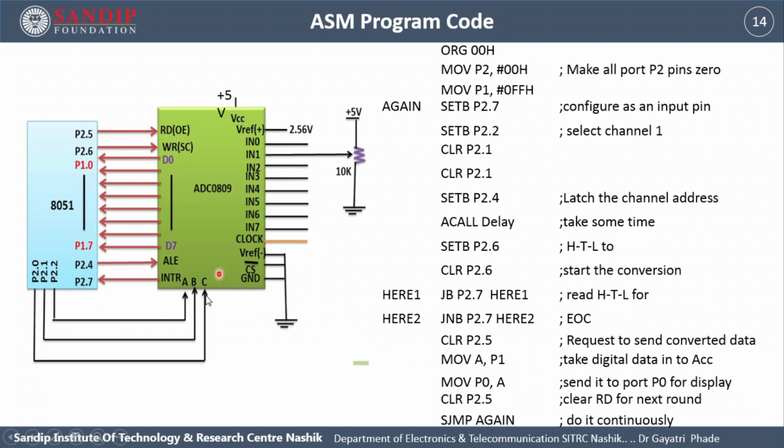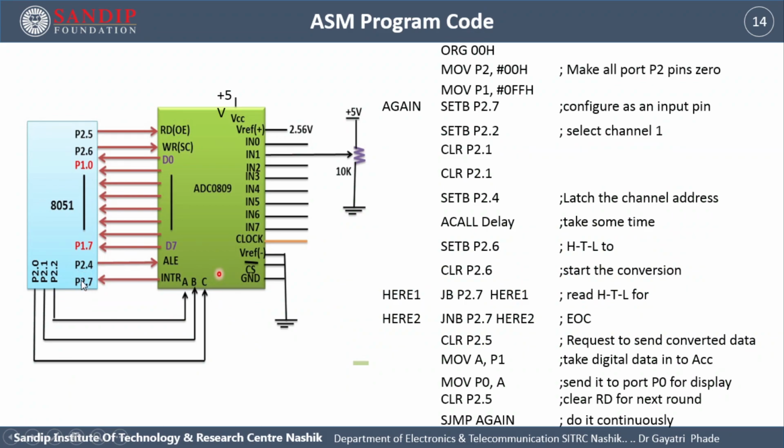Once the channel is selected, this address is latched with the ALE pin. Then, after start of conversion, we wait for the end of conversion with this INTR pin, which gives the end of conversion signal by making the pin high. So we are going to monitor P2.7 to see whether it becomes high.